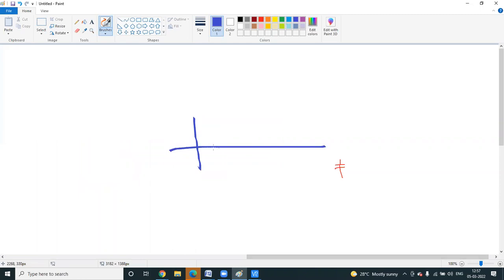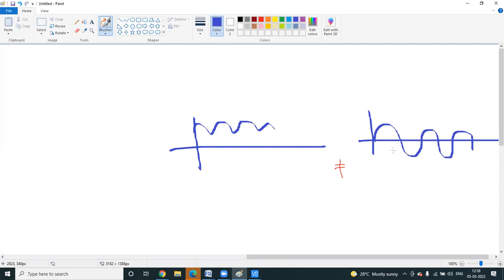One signal is the clock signal, like this.